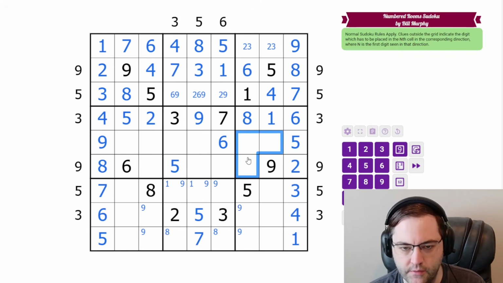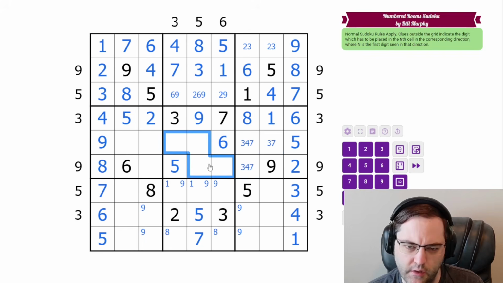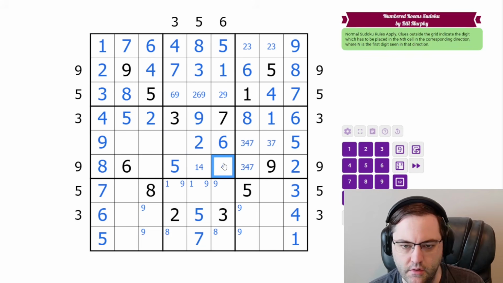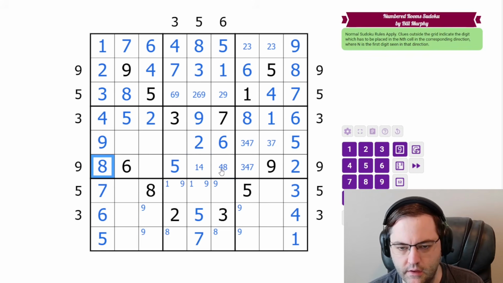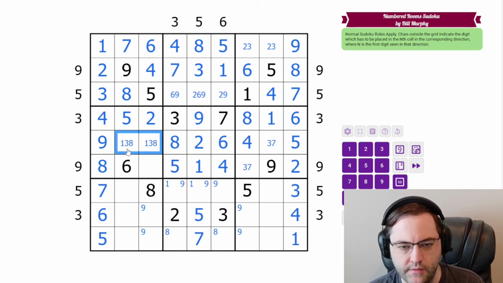These are 3, 4, 7. 1, 2, 4, 8. So 2 goes there. That's not 8 either, so it's like that. This is our 4. 1, 3, 7 here.